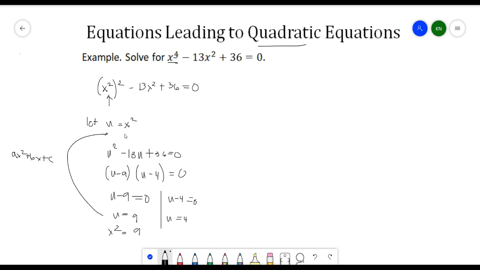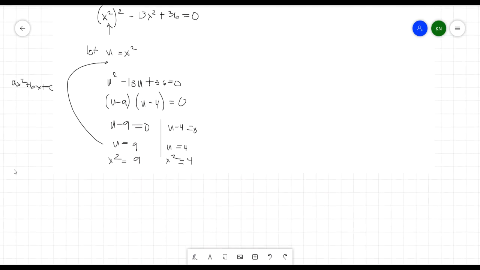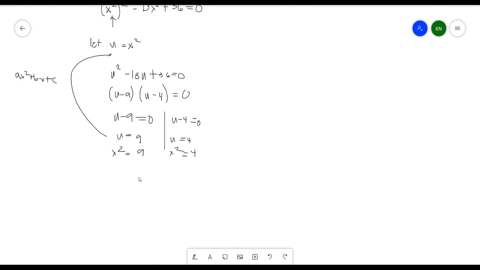Since u is equivalent to x squared, x squared is equivalent to 9. The same here: x squared is equivalent to 4. Now, how can we find the value of x from here? You just have to square root both sides in order for us to get the value of x. Same as here, square root both sides.